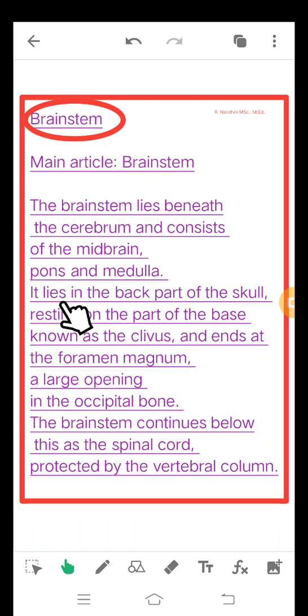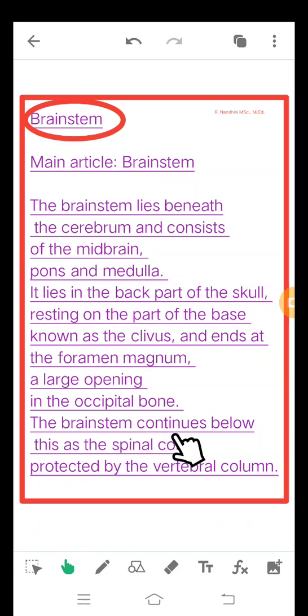It lies in the back part of the skull, resting on the part of the base known as the clivus and ends at the foramen magnum, a large opening in the occipital bone.